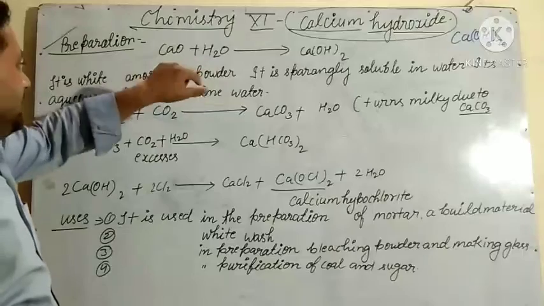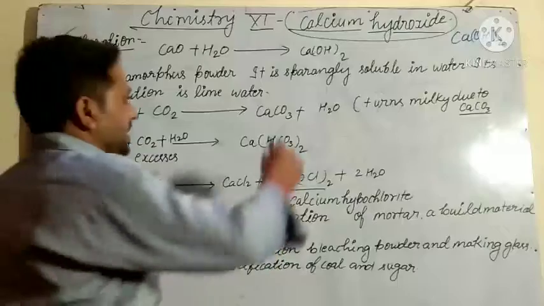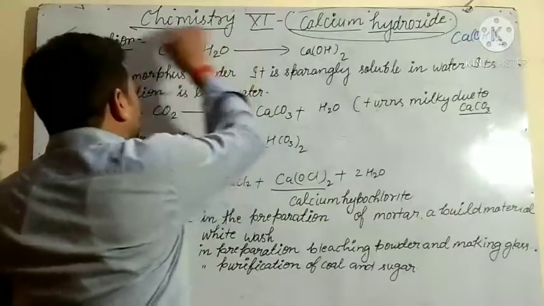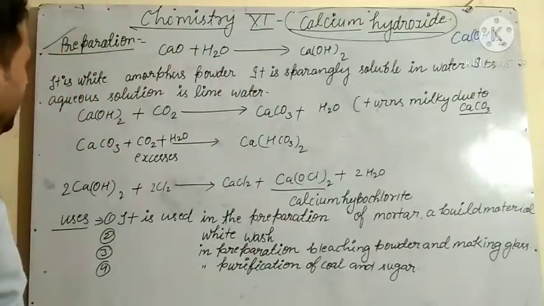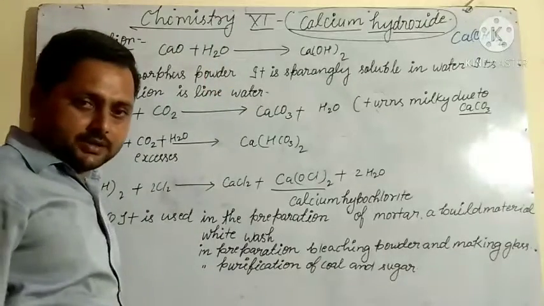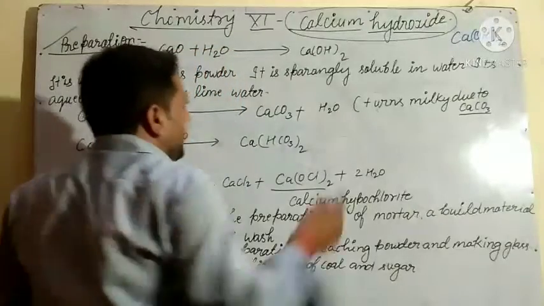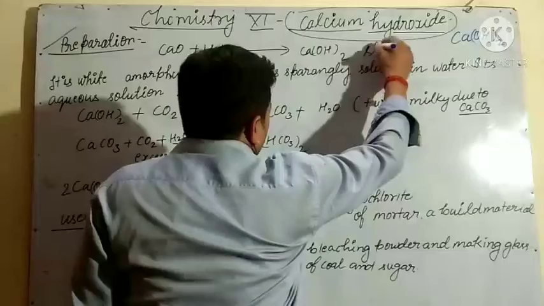Let us see. When calcium oxide reacts with water, it gives calcium hydroxide, or we can say when water is added to calcium oxide, it gives calcium hydroxide, and it is called slaked lime.